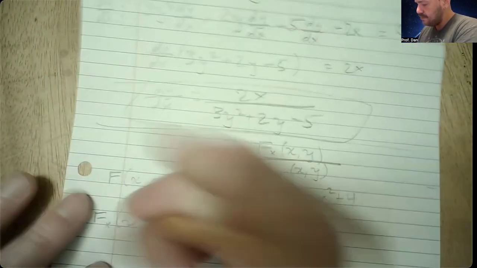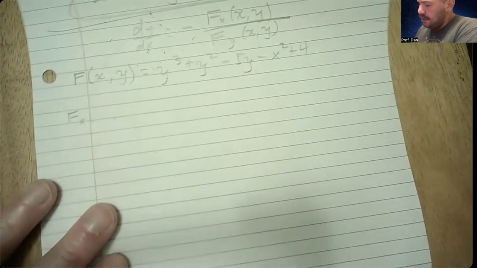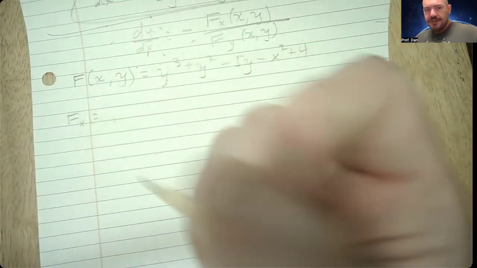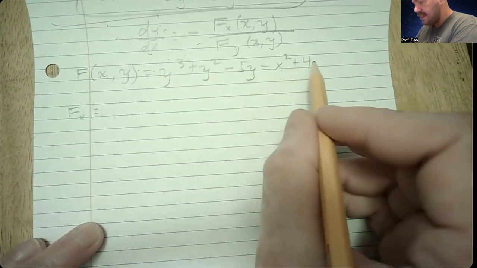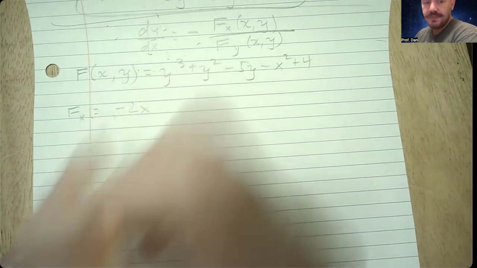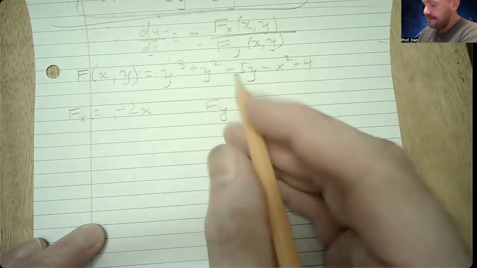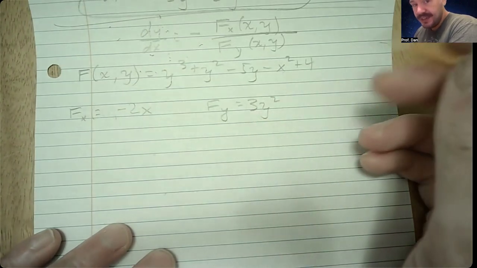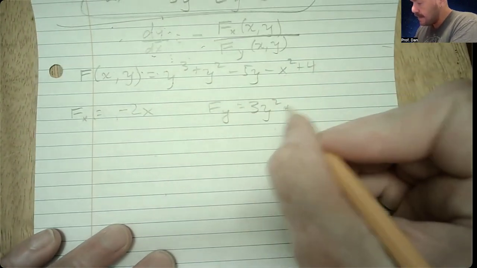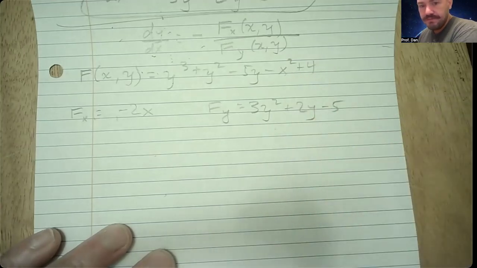All right, so I know that fx will be my derivative with respect to x. 0, 0, 0, negative 2x, 0. Fy, it's my derivative with respect to y. So 3y squared, don't need the dy dx anymore, 2y minus 5, 0, 0.